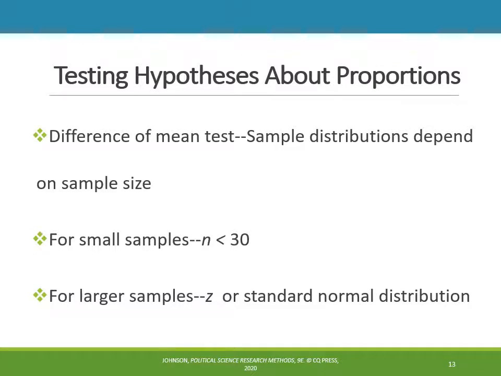But if we have a larger sample where N is greater than 30, then we will use our standard normal distribution and our Z. Because if you remember from our last lecture, we use the T because the distribution is not considered to be normal, it's considered to be a little bit more flat. So we have to use a test that takes more uncertainty into consideration, that incorporates the flatness of the curves and considers things like the degrees of freedom to accommodate that level of uncertainty that we have there.